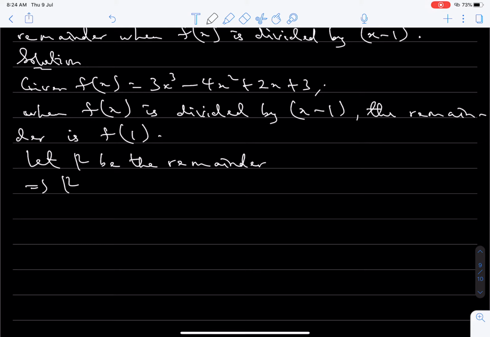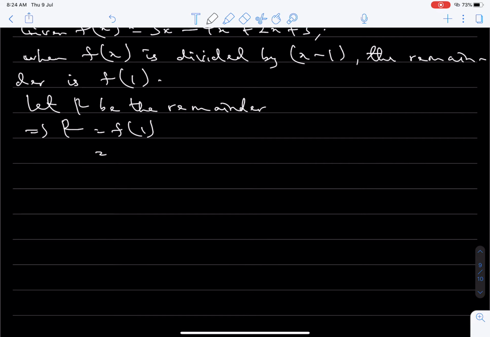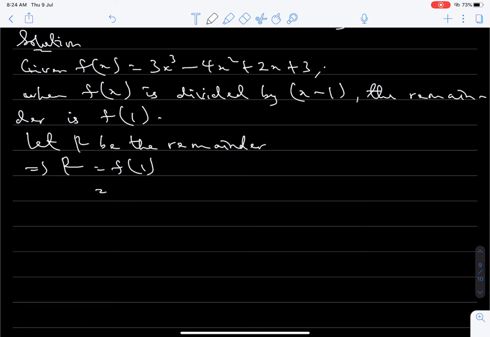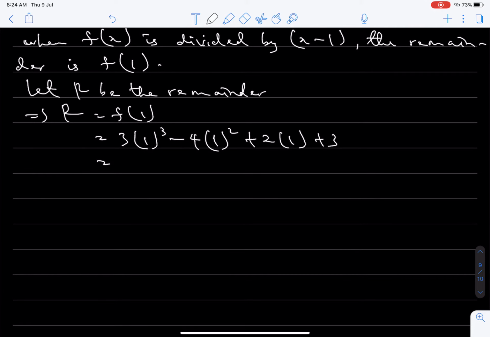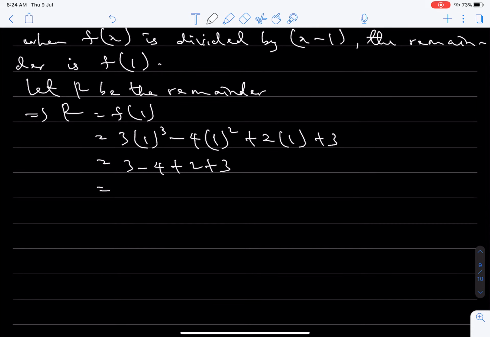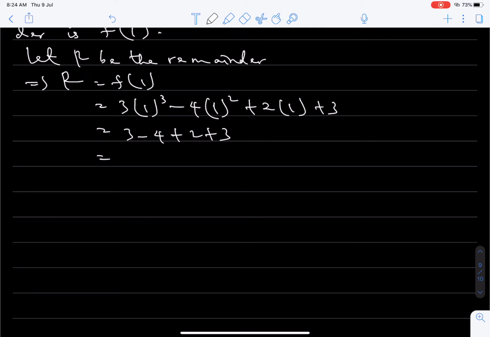And that means r is equal to f of 1. And f of 1 is what you obtain when you substitute 1 for x in f of x. That's 3 times 1 raised to power 3 minus 4 times 1 raised to power 2 plus 2 times 1 plus 3, which is equal to 3 minus 4 plus 2 plus 3. 3 minus 4 is minus 1, plus 2 is 1, plus 3.